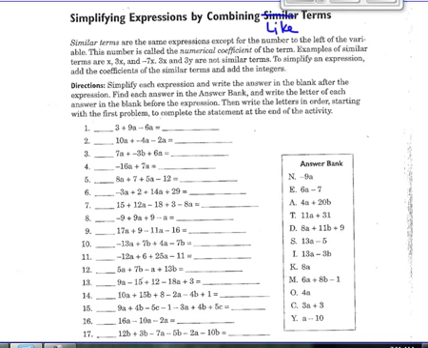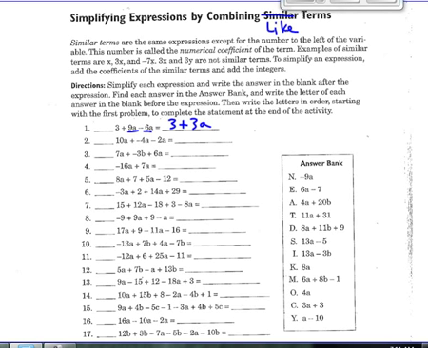In number 1, I've got 3 plus 9a minus 6a. Well, I've got 9a and minus 6a, so the 3 is still out front. 9 minus 6, we did this with radicals, so now we're just doing it with the variables. 9 minus 6, when they're the same, we end up with 3a.